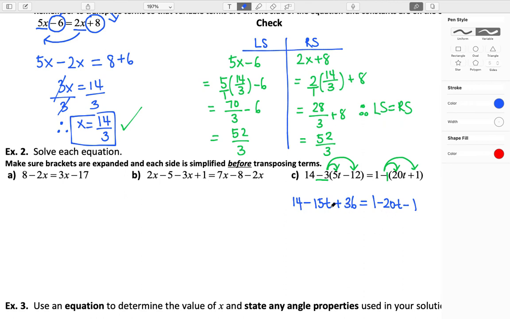Now let's simplify on the left side. It looks like I have 14 and 36 here, so 50, -15t, and on the right 1 minus 1 is just 0, so -20t.